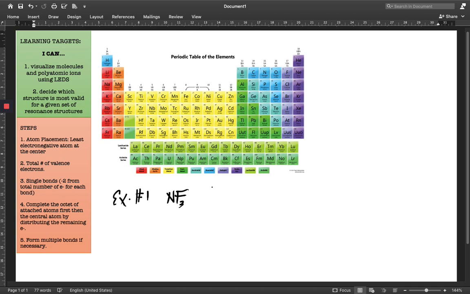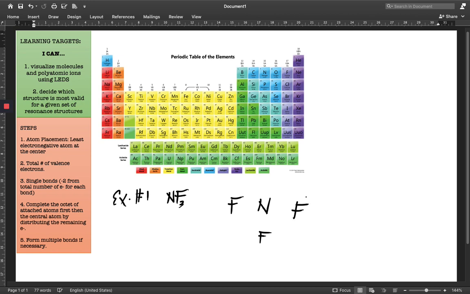So between nitrogen and fluorine, nitrogen is less electronegative than fluorine. So we consider nitrogen to be our central atom. Alright?